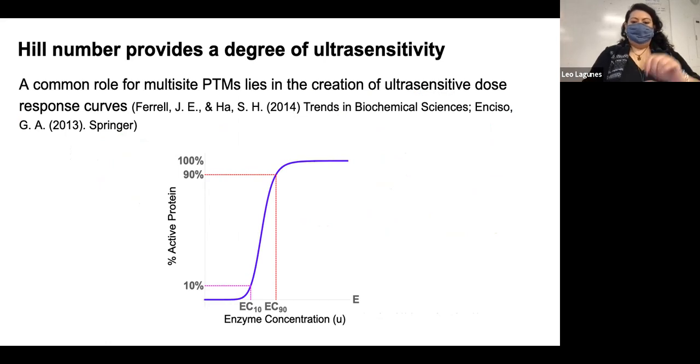One of the things that we do know is that when you have multiple modification sites or multiple transcription factors binding to DNA, you can get these types of ultrasensitive dose response curves, like this one here, where before a certain threshold, you don't respond if there's not enough enzyme. But once you pass a certain threshold of enzyme, then we get a quick response, and now your protein is completely activated.